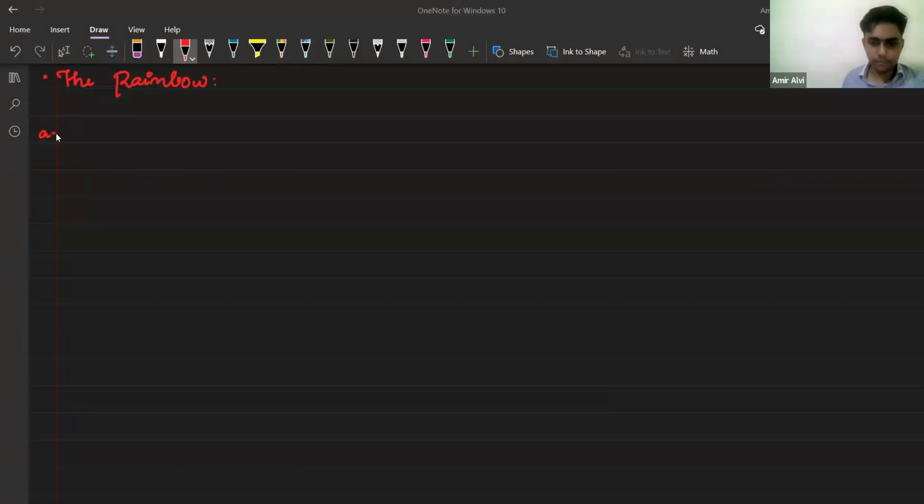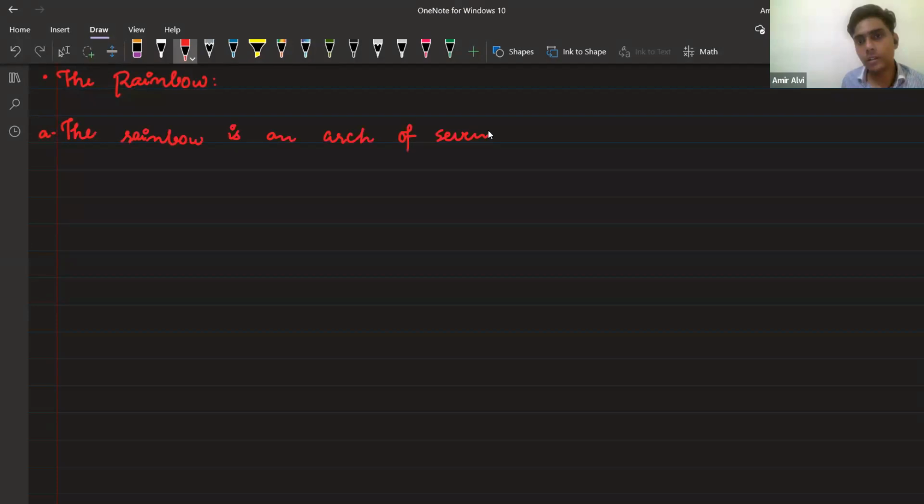The formation of the rainbow is just an arc of 7 colors visible in the sky.